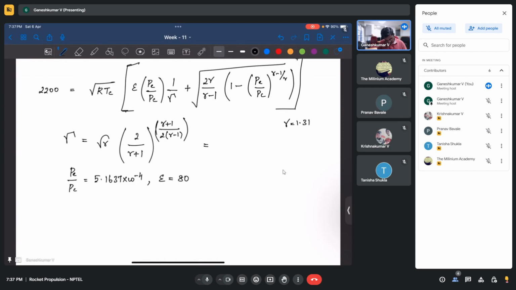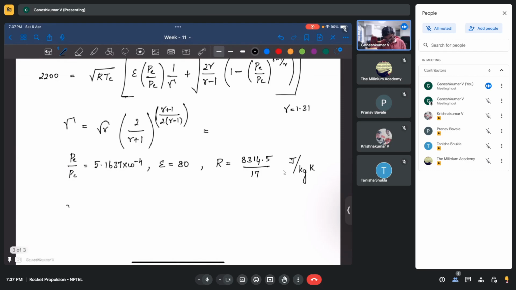R is nothing but 8314.5 divided by 17 joules per kg Kelvin. If you substitute all this, you will get TC.